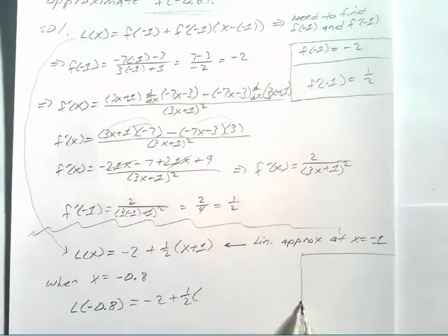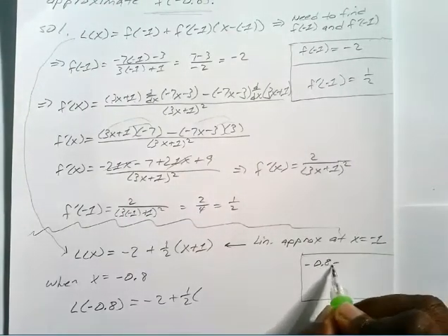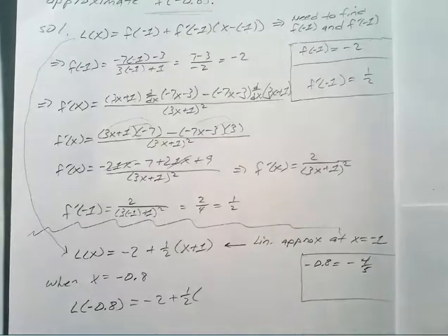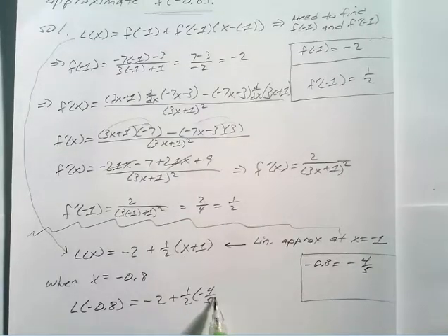If you wanted to do it without decimals, negative 0.8 is actually equal to negative 4/5, so you can replace that if you want to. Replace x with negative 4/5 plus 1.